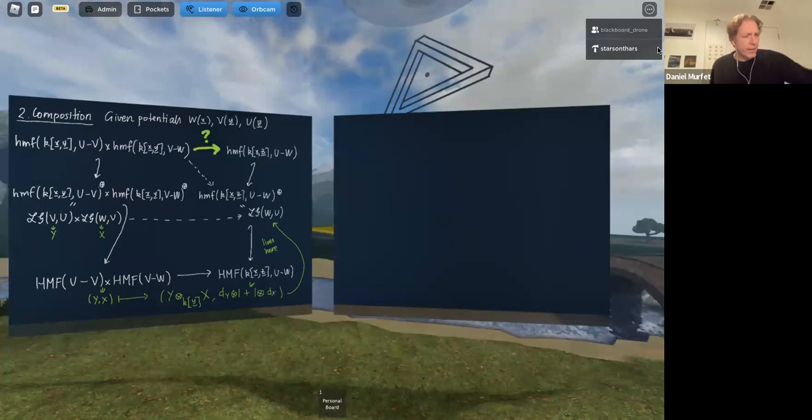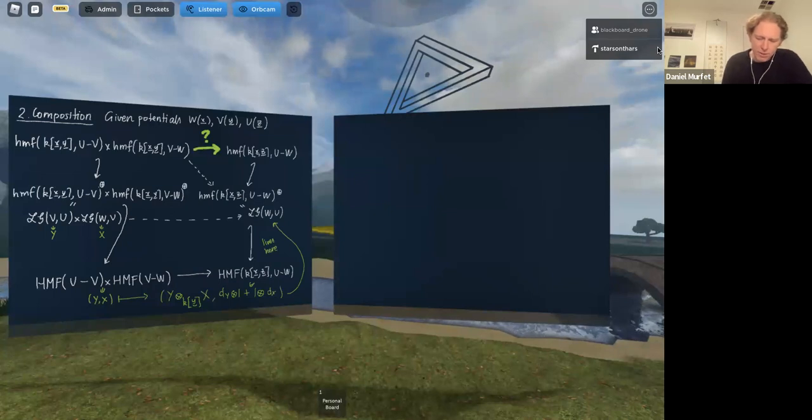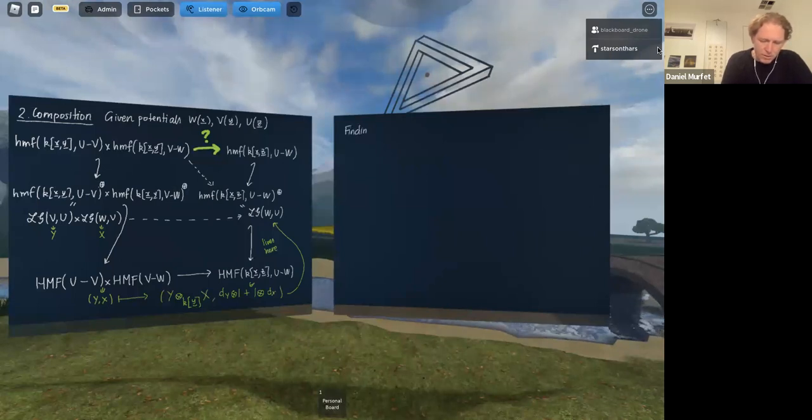Maybe before I define the cut, let me just tie this back briefly to the topic introduced at the beginning of trying to find some internal structure to the composition. So suppose you wanted to get a finite answer out of this composition as it stands. What would you have to do?